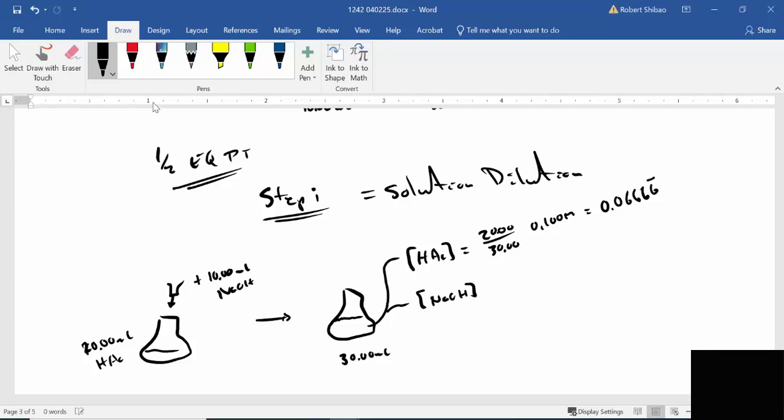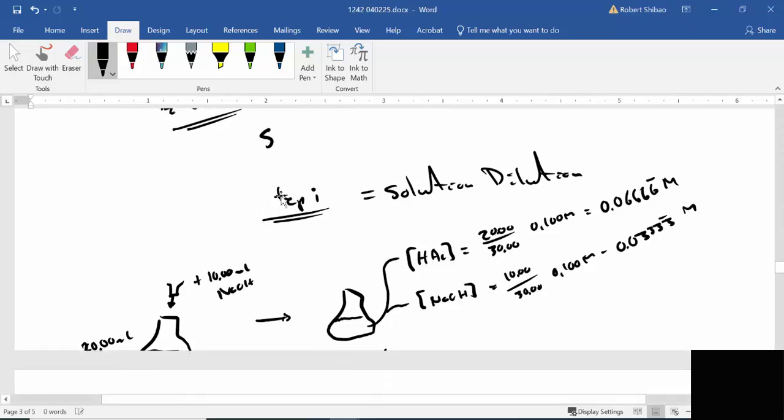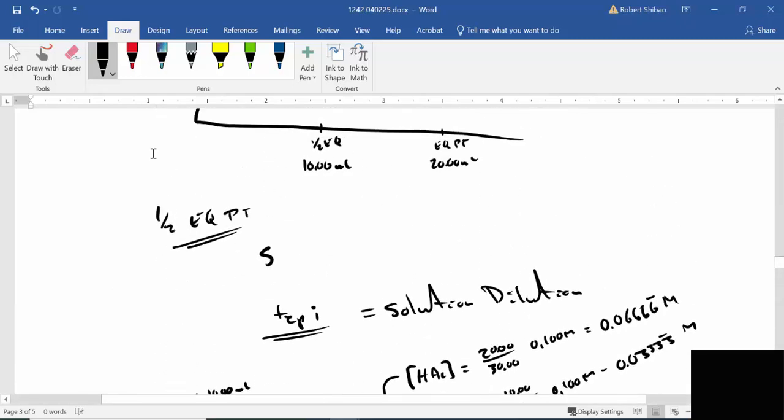This just keeps going. All right, the sodium hydroxide, we're taking 10.00 and diluting it to 30.00, and this is going to be 0.100 molar. So this is going to come out to 0.03333 repeating. No, I'm not rounding it. And so these are my new initials.